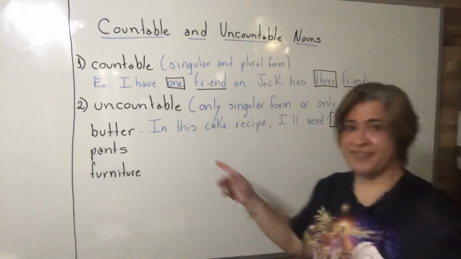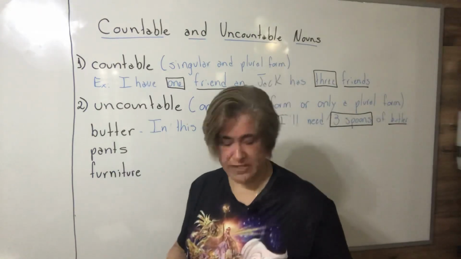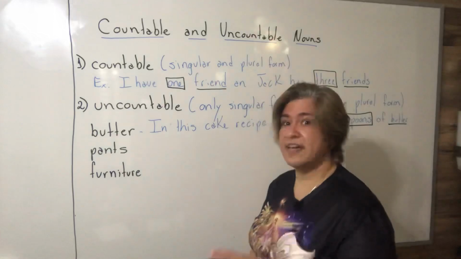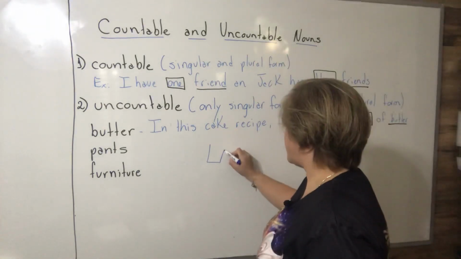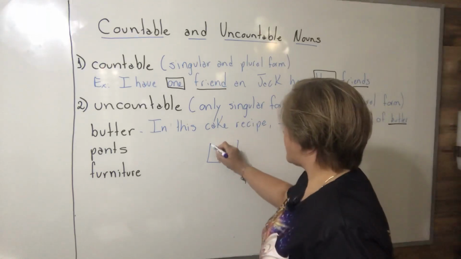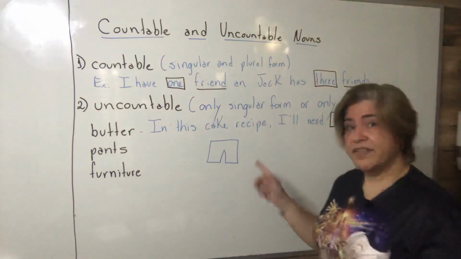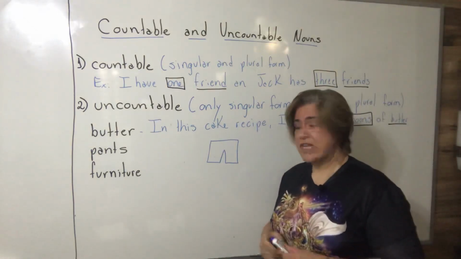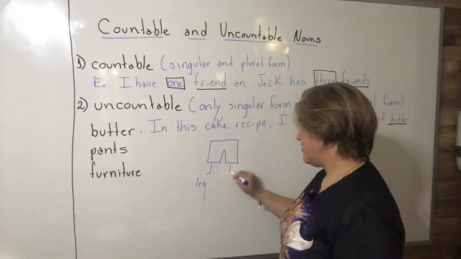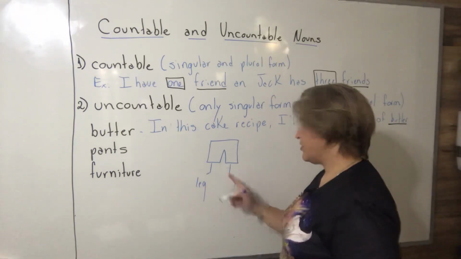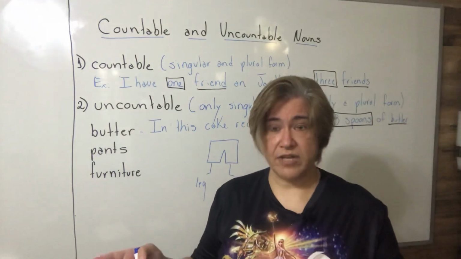Okay? Pants. Okay. What's the translation of pants? Calça, right? Now, students, think, visualize pants. Wait, let teacher draw. I have great capacity for pants. Okay? Pants. This is the pants. So the pants has one leg and the other leg. So it's necessary 2 legs to form the pants. Okay?